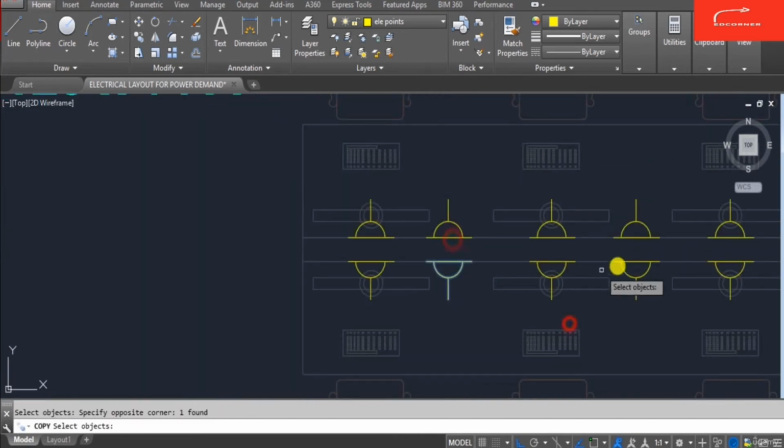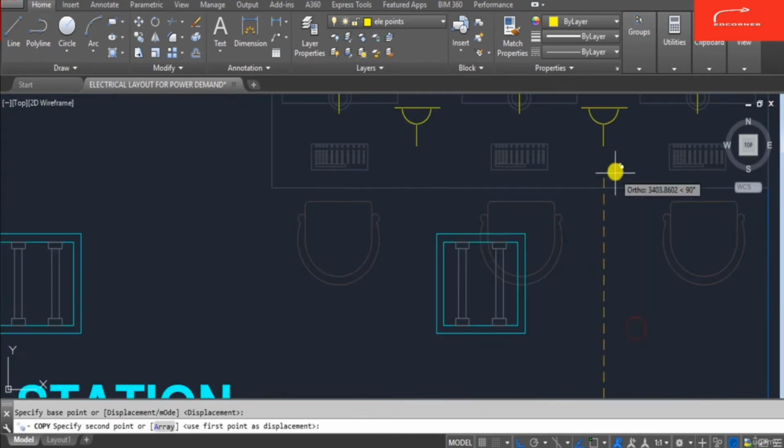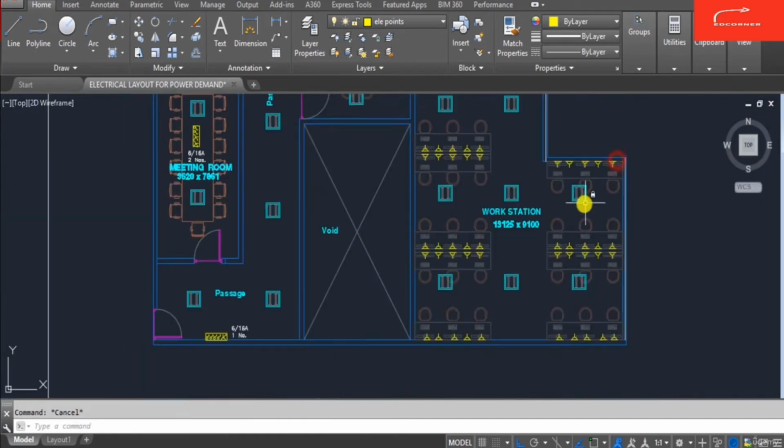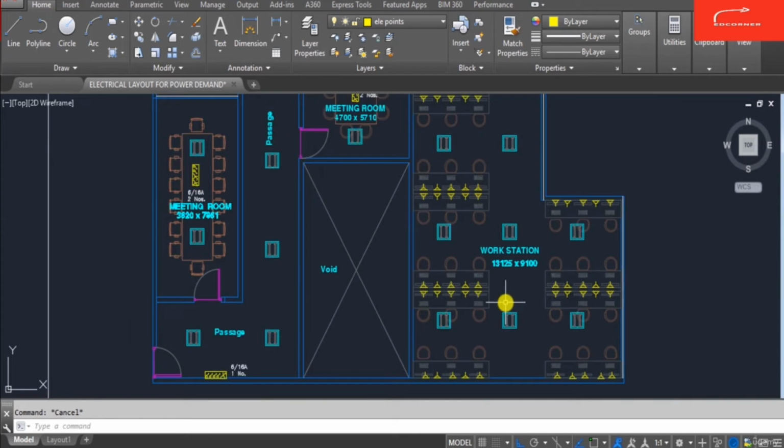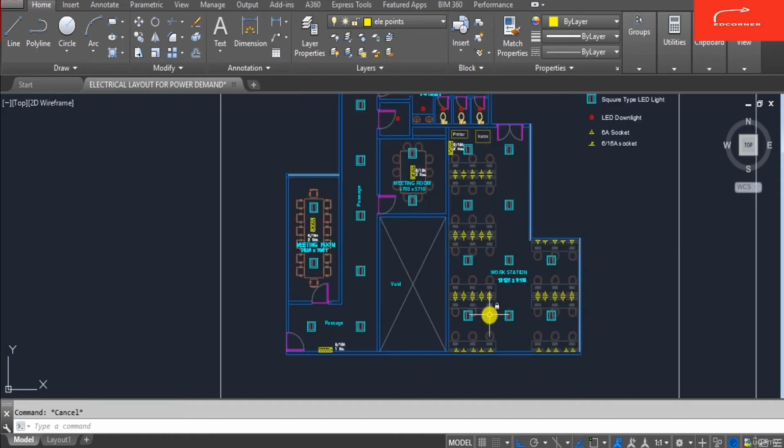These are the common points required. So this is the total common point required for each and every desktop for the 6 ampere socket.